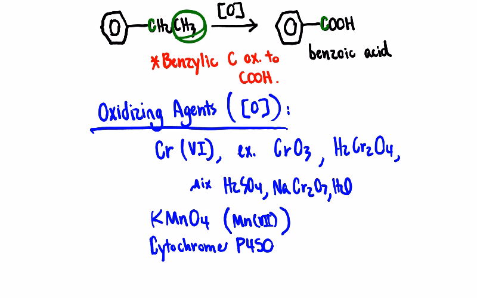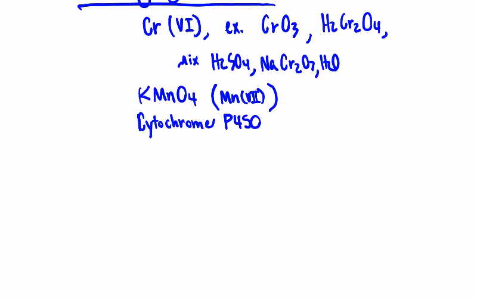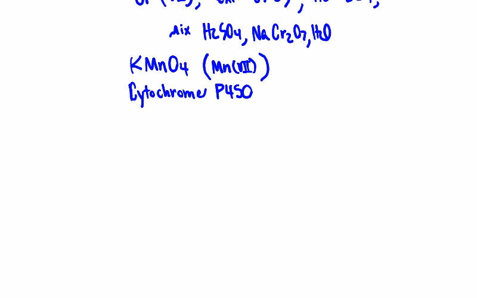So let's take a look at a couple of examples of this oxidation. Hopefully this isn't too bad. We're not going to go through the mechanism for this because it's a relatively involved mechanism, but we can look at a couple of examples to highlight what's going to happen in some different scenarios with these types of oxidation reactions. So we're going to take a look at this organic molecule.